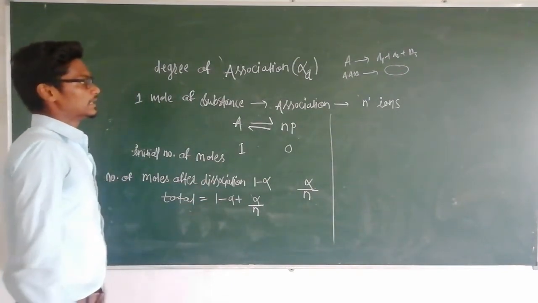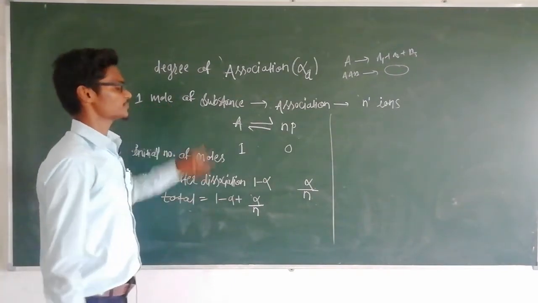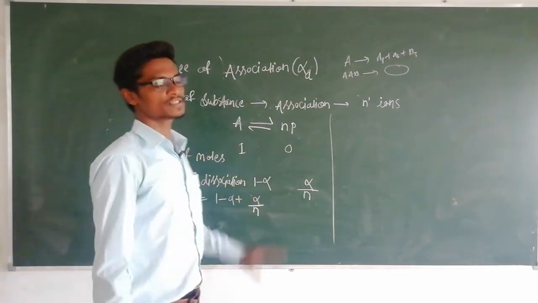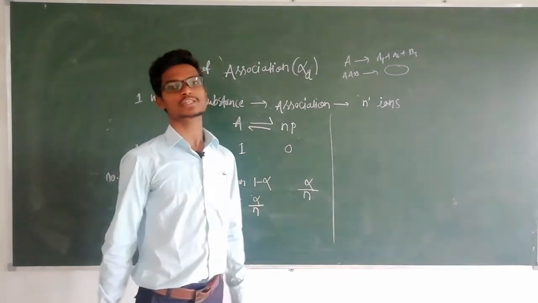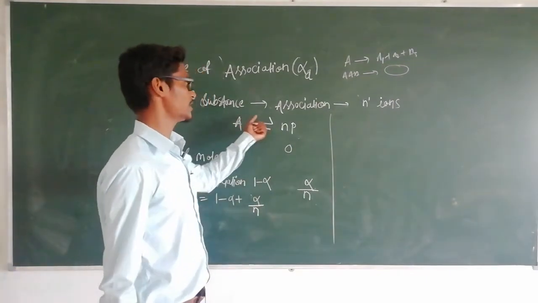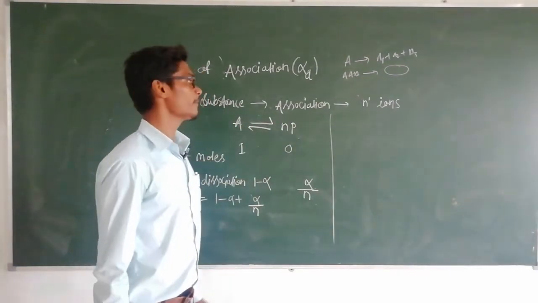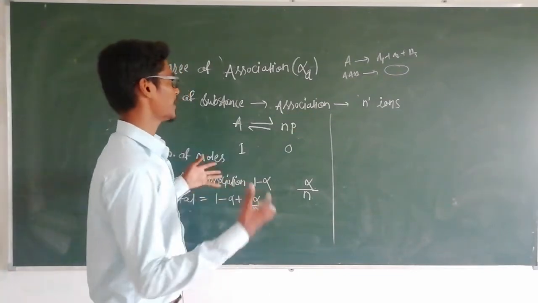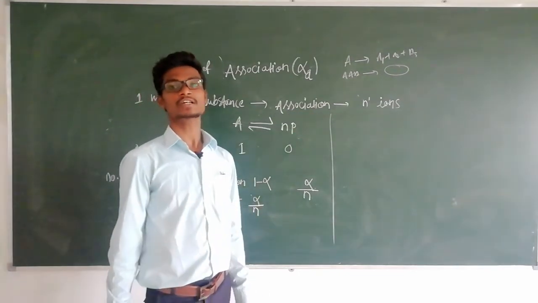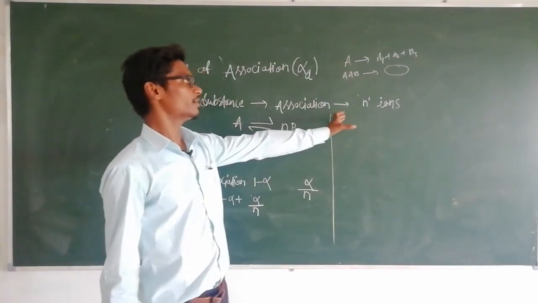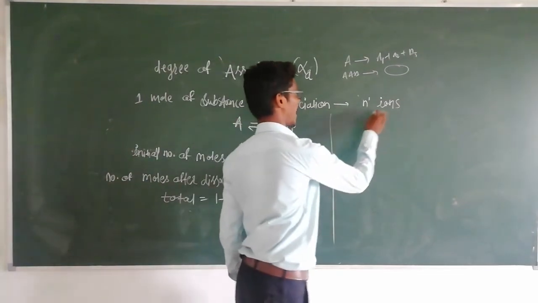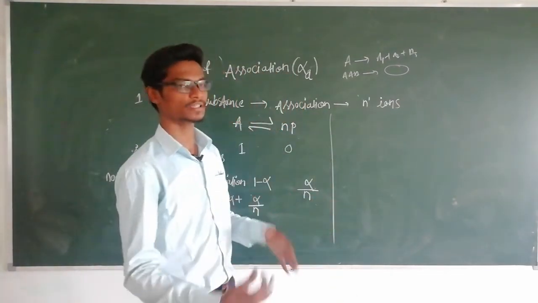So if we have 1 mole of a substance and this substance is added into the solvent, it will form association. The solute particles get associated, and we have n ions, the number of ions after formation in the solvent.